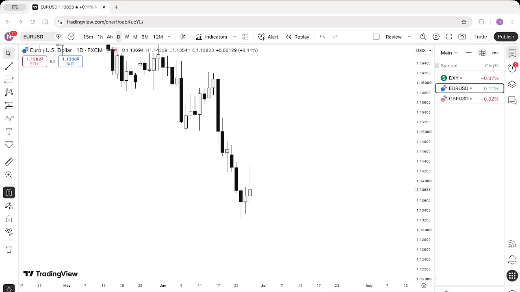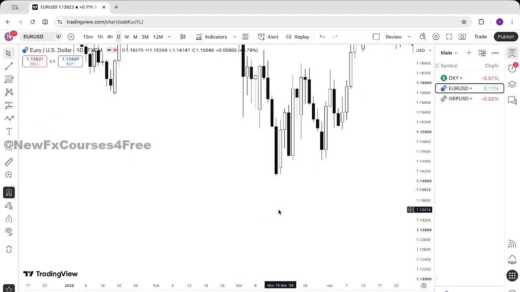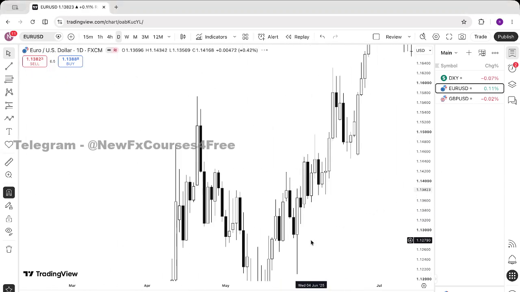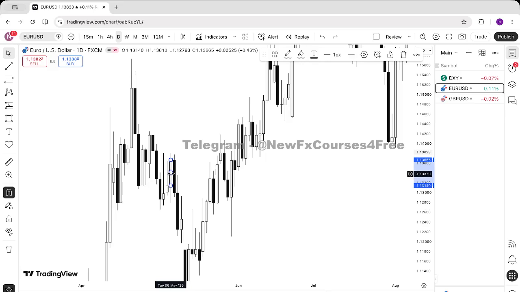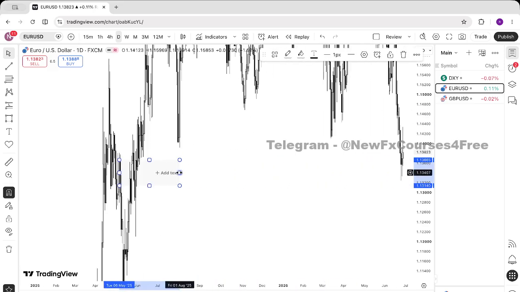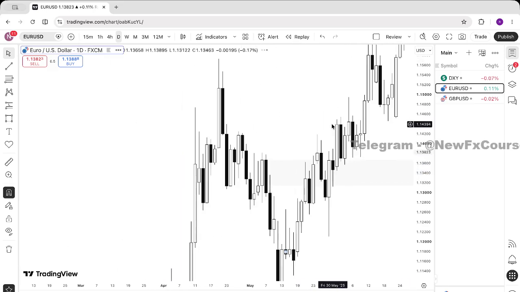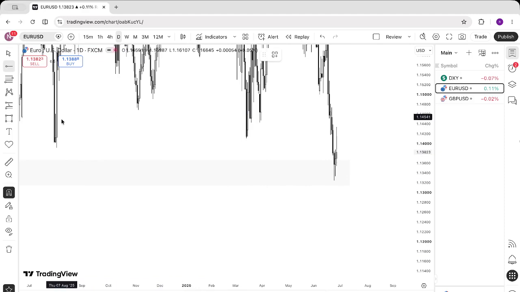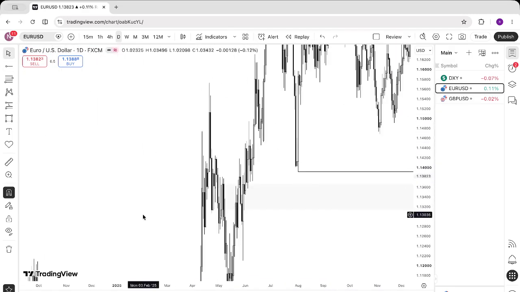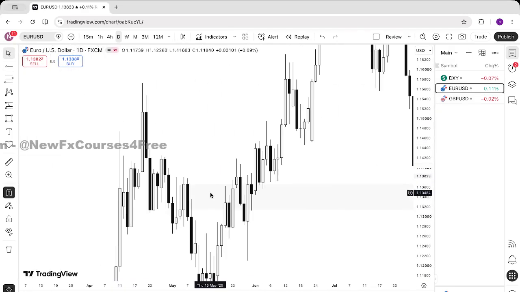So if I go over here on Euro and I mark the daily breaker that I was trading here, okay, I'm trading this breaker. I'm trading the stop run of this low. So what would be an invalidation point for this breaker?